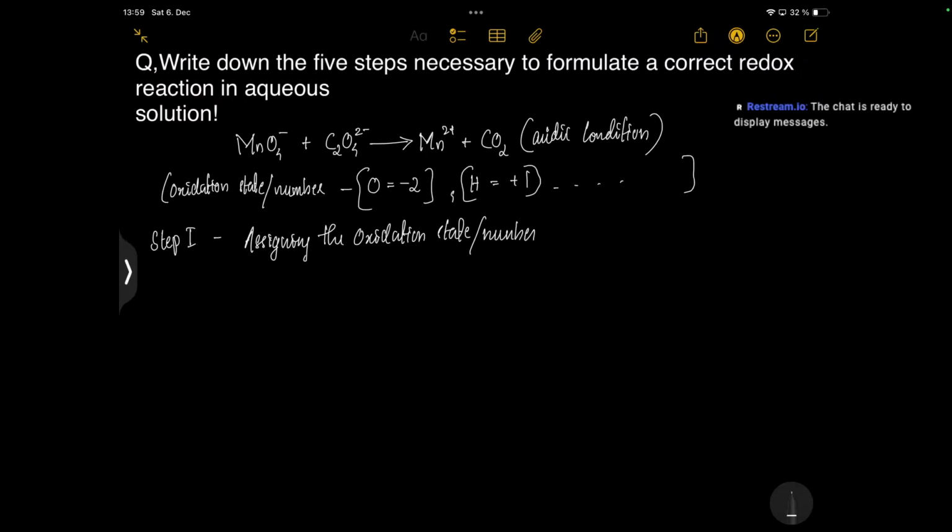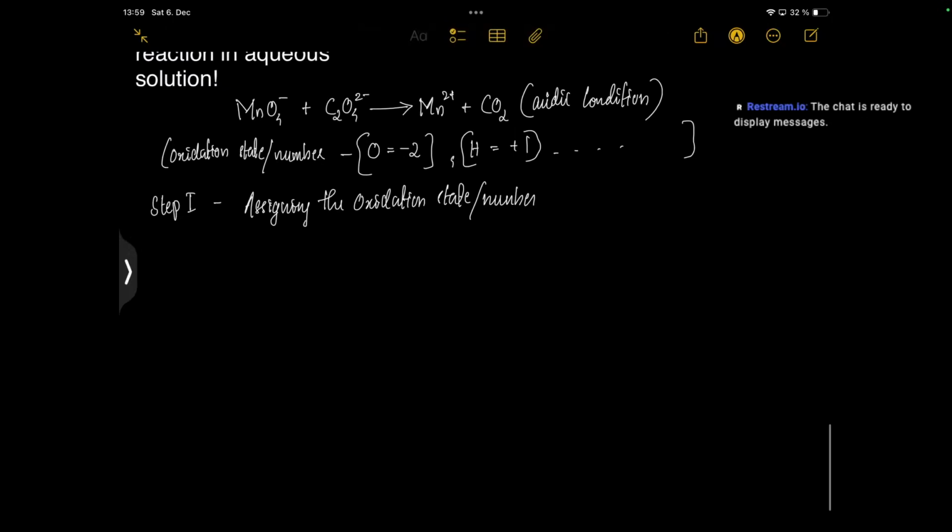So we have MnO4 minus, which we're going to separate from the other species. We're going to write MnO4 minus and Mn2 plus. On the other side, we're going to write C2O4 2 minus to CO2.